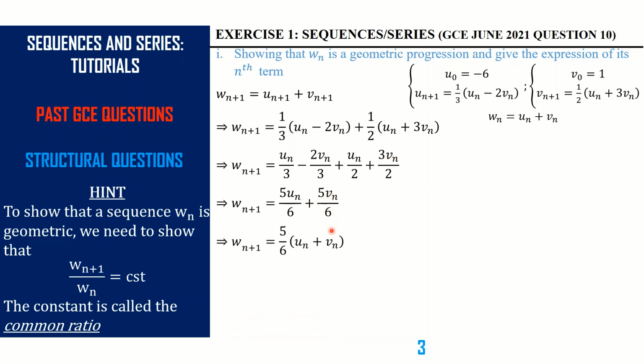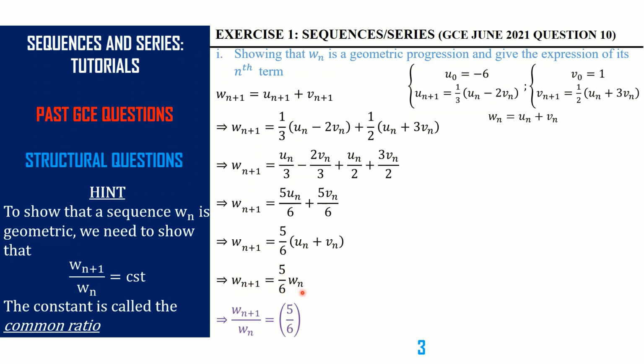Now since 5/6 is a common factor in the two terms, we can factor it out. Factoring out 5/6, we get 5/6 times (un plus vn). But we know that un plus vn is Wn, as we had it originally. So it means our Wn+1 is equal to 5/6 Wn.